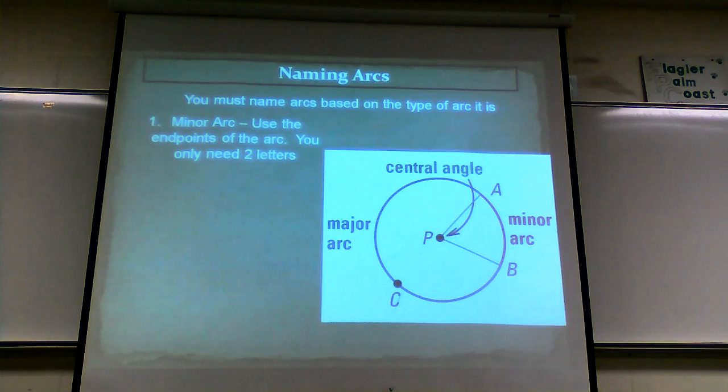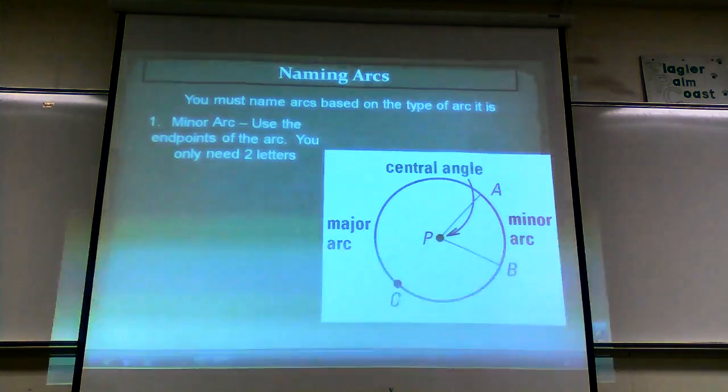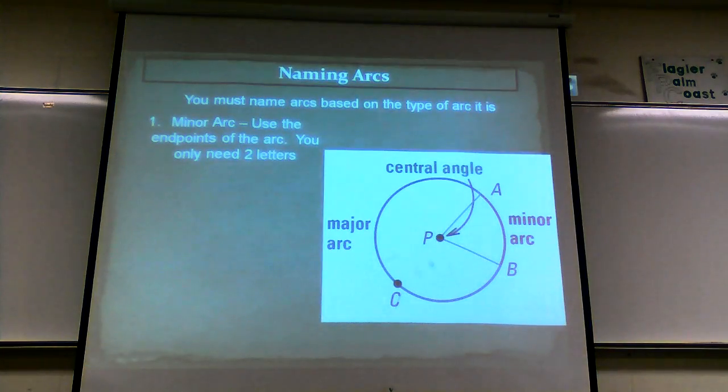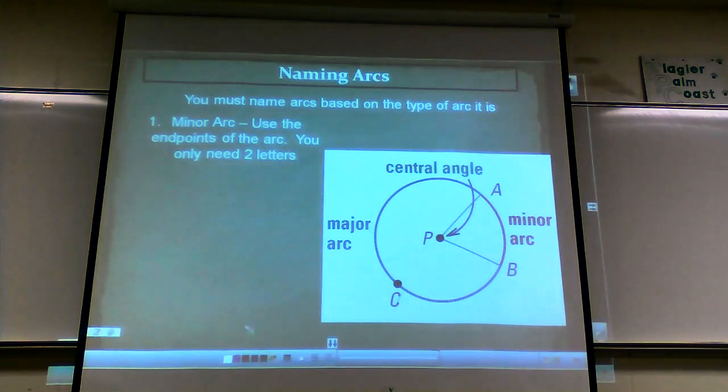If you were to just trace it around the circle, you would see that the minor arc right there starts at A, it goes to B. Or vice versa, starts at B, goes to A. It doesn't matter. Either way you go, you're encompassing that entire arc. So since I can see there's an obvious start and stop point, these two points right there for this minor arc would be the endpoints, right?